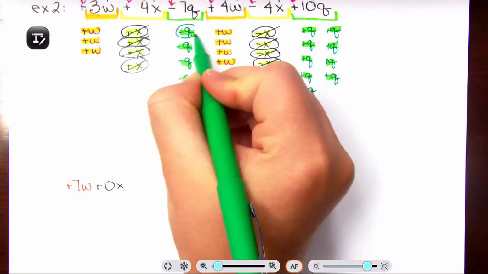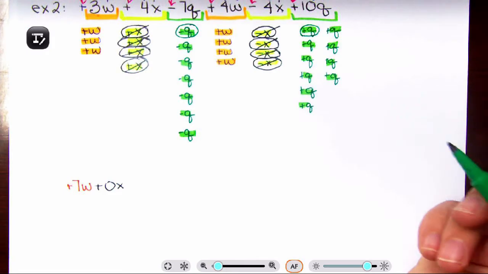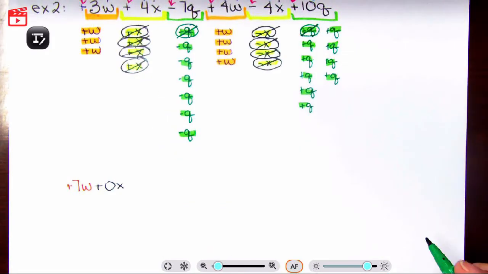So 1 negative, 1 positive equals 1 zero pair, and that gets crossed out.